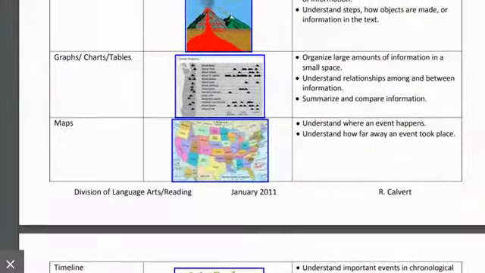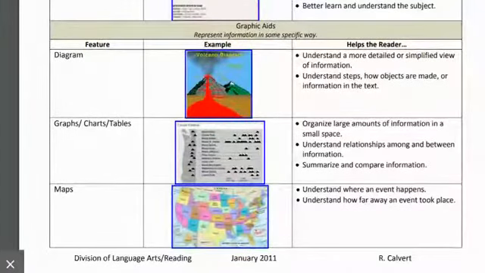Graphic aids that are introduced in informational text represent information in some specific ways. The first one is a diagram. Diagrams help the reader understand a more detailed or simplified view of the information that's in the text and understand the steps on how objects are made or the information in context within the text.